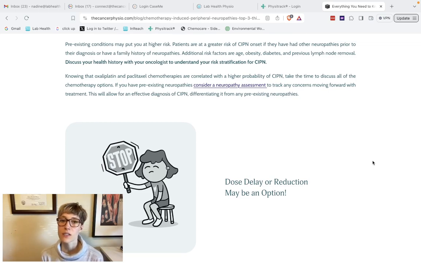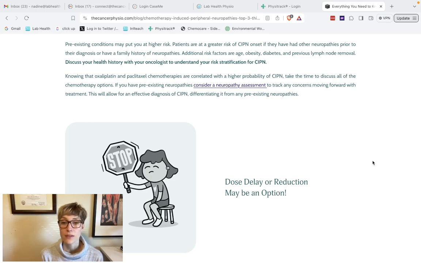If you are starting to have symptoms in your hands or your feet, speak up right away. It's important to speak up because the medical oncologist can talk to you about the risk profile associated with your health history, your cancer type, your chemotherapy type, and discuss whether or not a dose delay or a reduction in dose is an option.